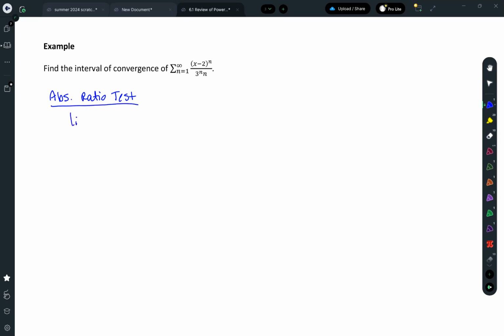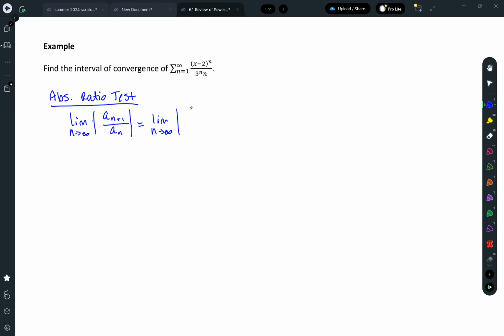And what that says is we want the limit as n goes to infinity of the absolute value of a sub n plus 1 over a sub n. Notice that our terms are fractions. And so when I write this out, I'm going to look at the limit as n goes to infinity of the absolute value of a sub n plus 1 times 1 over a sub n.